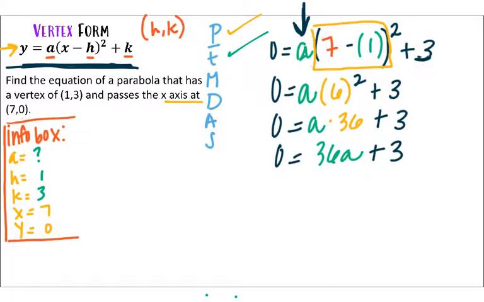At this point, once it becomes a solving equation problem, it's kind of like you're doing reverse PEMDAS. So I'm now subtracting 3 from both sides. I'm not going to go into too much detail about this because I don't want to distract you. But you know how to solve equations. So hopefully you get my drift that I'm trying to get this A value by itself by subtracting 3 from both sides.